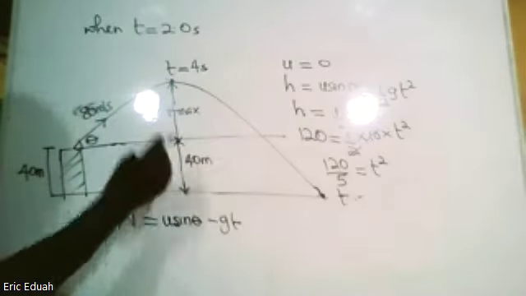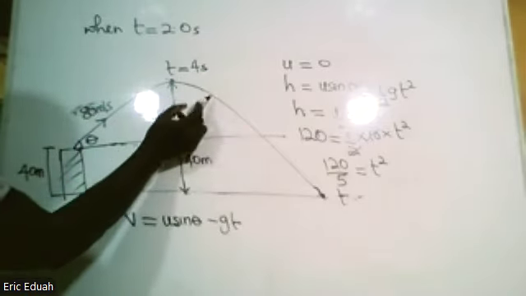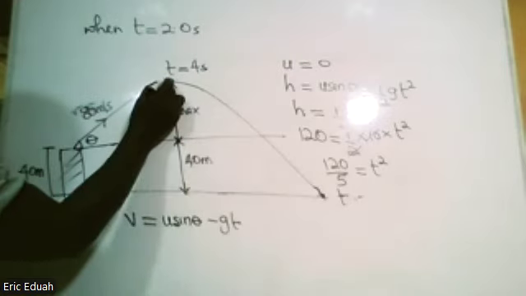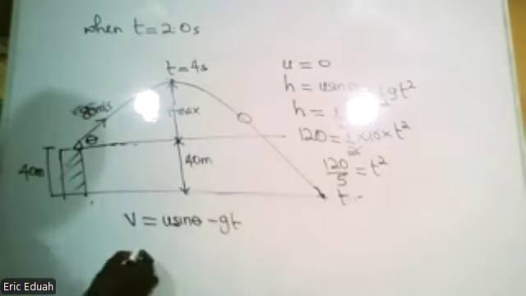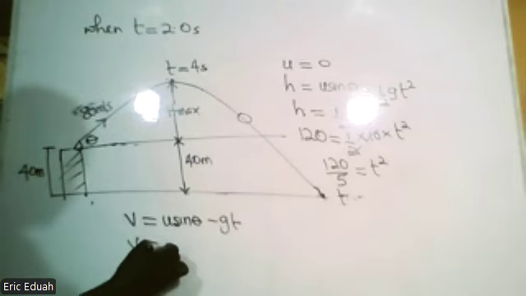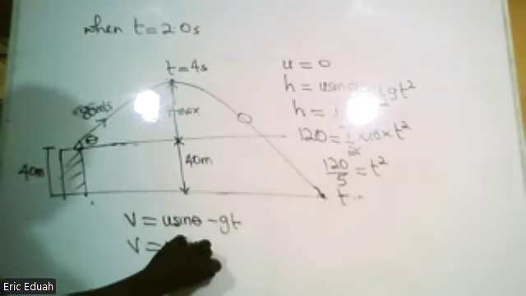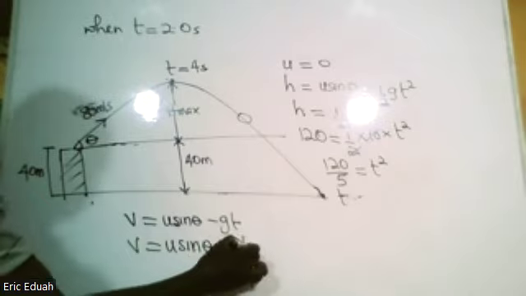And whenever it is between the maximum and dropping, we determine the velocity by u sin theta plus g t.